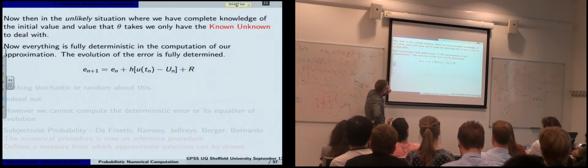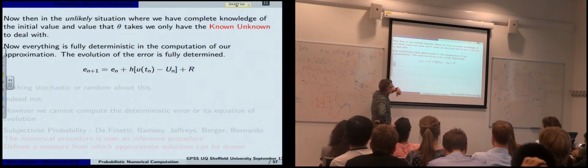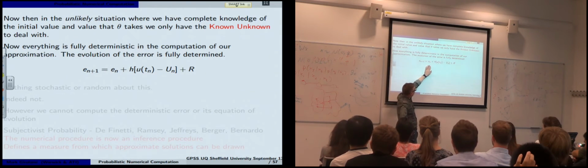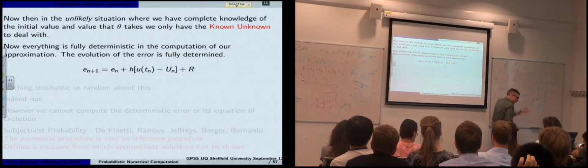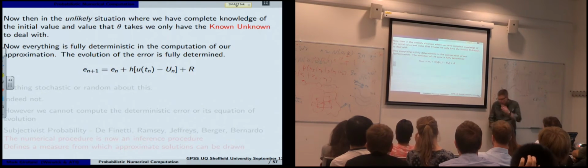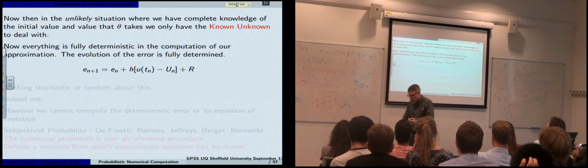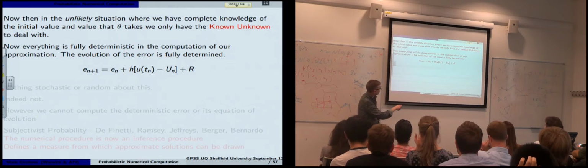And so, taking Euler's method, we can actually write down an expression for the evolution of the error as time progresses. So the error that we make is fully deterministic, right?